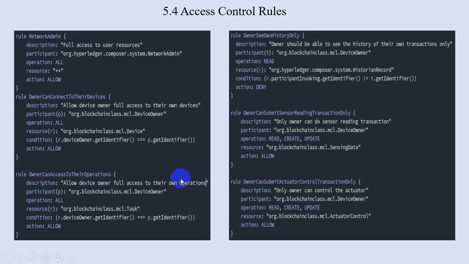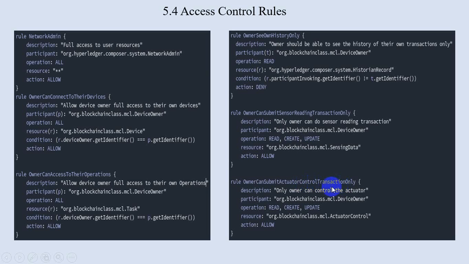The owner can also see their history, how they controlled, and how the transactions are occurring in the network, and can also submit sensor reading transactions, with read, create, and update permissions for sensor reading transactions, and the owner can submit actuator control transactions.